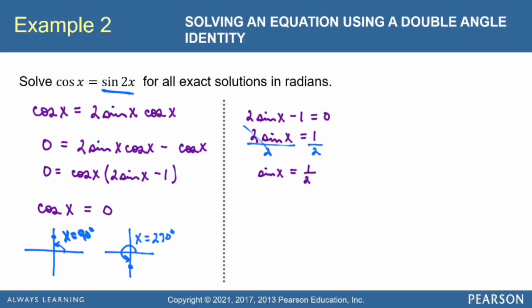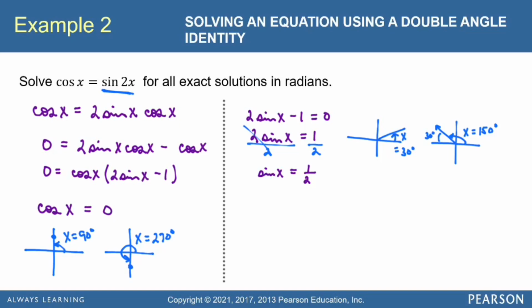So we've done this before. We know that sine of x is positive in quadrant 1 and quadrant 2. So we're going to get a solution from each of those quadrants. We know from the 1/2 that the reference angle will be 30. So the quadrant 1 solution is 30 degrees, and the quadrant 2 solution is 150 degrees.